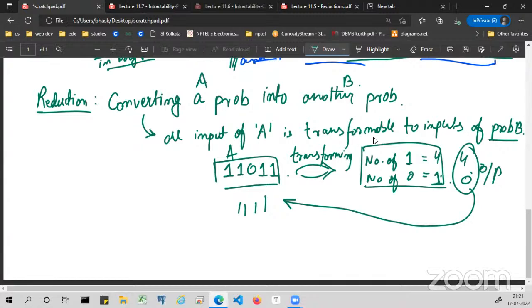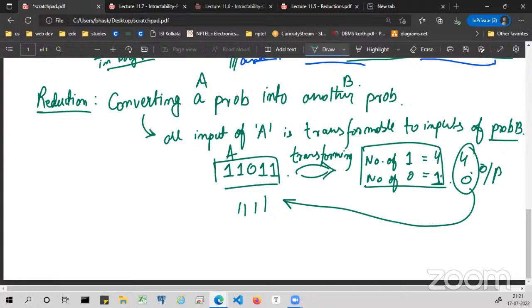When you don't know how to solve one problem, but you know another problem, you have to check whether that other problem is related or transformable to the problem which you are not able to solve, or which you want to compare. Once you can do that, you simply map the inputs, get the output, and relate the output in a reverse manner. So this process is reduction.